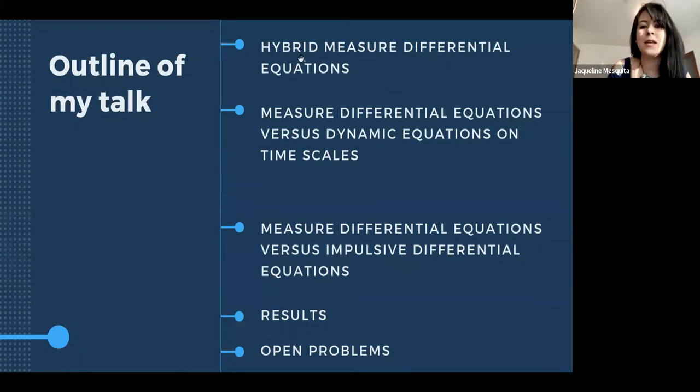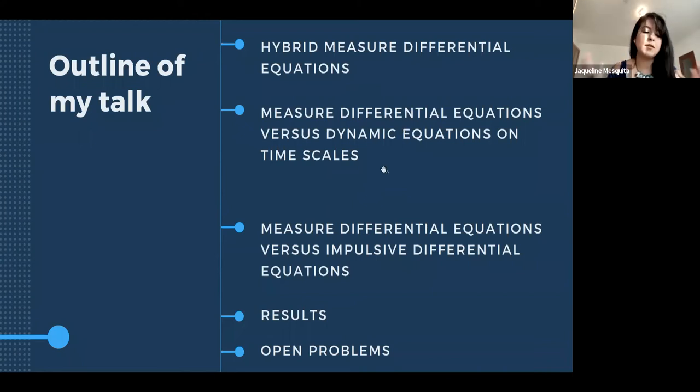I will start talking a little about these measure differential equations, and then I will talk about the relationship between these types of equations and the other types of equations, such as dynamic equations on time scales and impulsive differential equations. And then I will talk about some results that we got from this paper. And then I will talk about some open problems in this area.